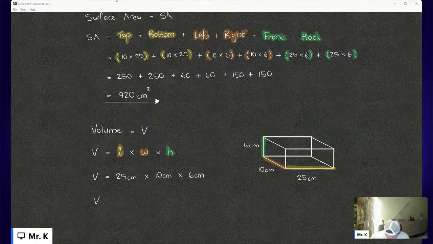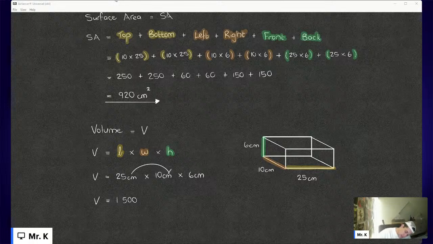And when you go and find the answer to this, guys, I would recommend you deal with the values first. 25 times 10 is 250, times 6 is 1,500. And we have multiplied 3 centimeter symbols together.